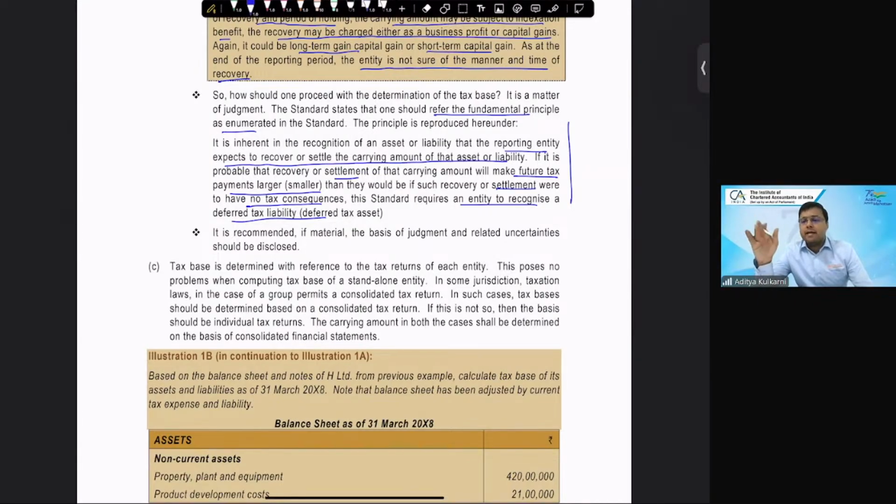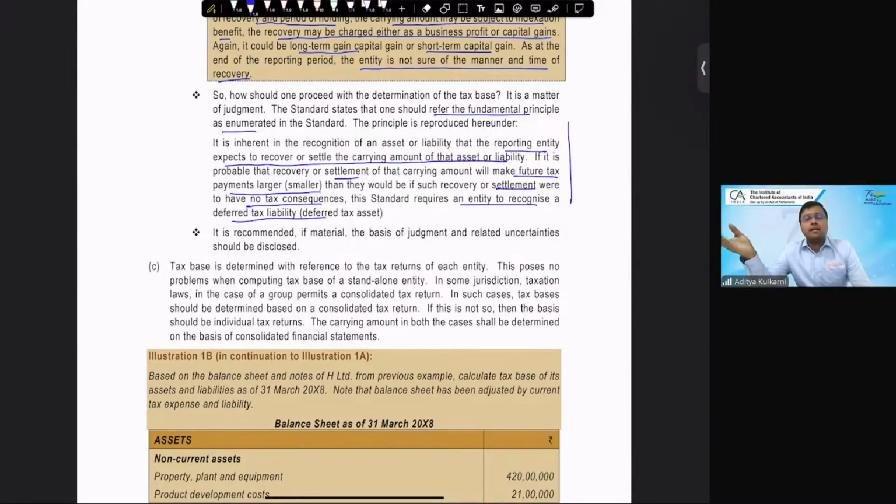Coming to Nisha's last query on summary of today's tax base. So what do you mean by tax base? It is the amount attributed to an asset or a liability for the purposes of tax. Very simple. Practically, you can presume you are maintaining two books of accounts and taking journal entries for the tax records separately.